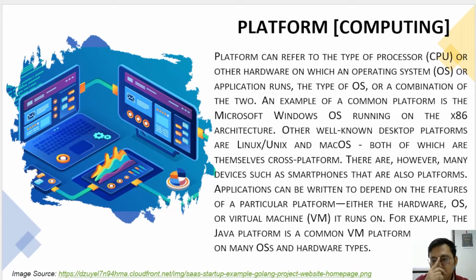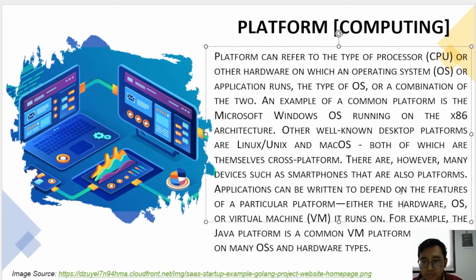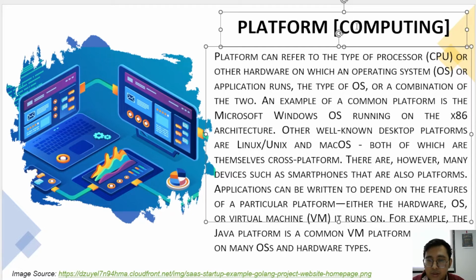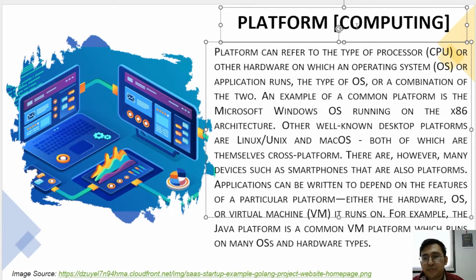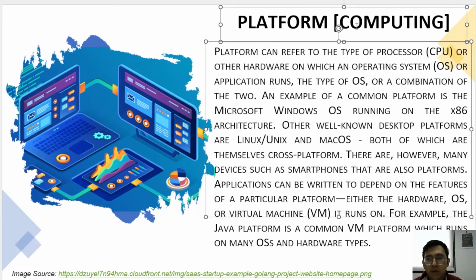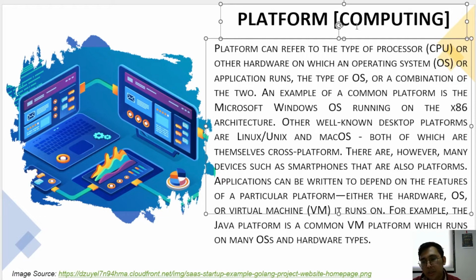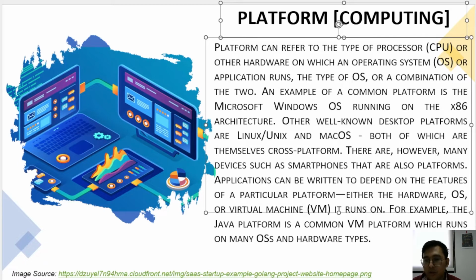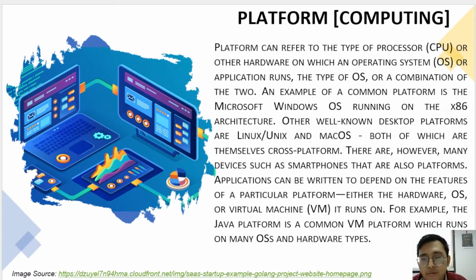The definition of platform can refer to the type of processor or other hardware on which what we call an operating system, or OS, runs. This is what defines a platform, because whether we choose to develop or use an information technology application on that platform, that means we are prepared to be in that platform environment.